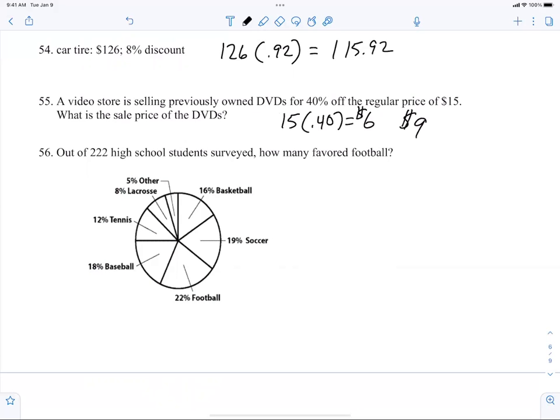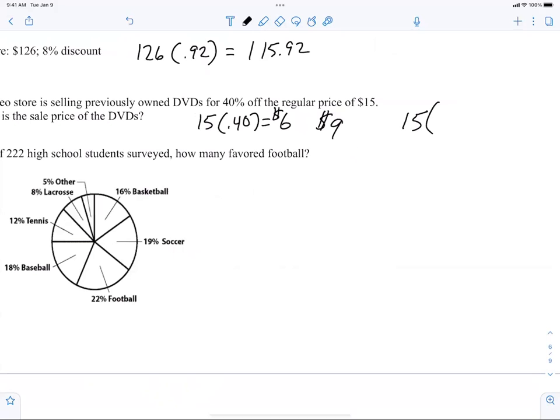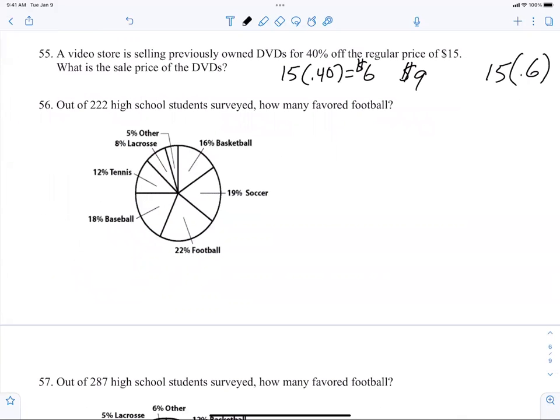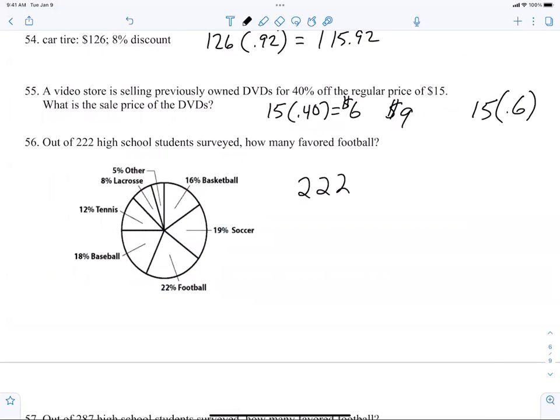All right, but somebody tell me how we can do it a shortcut. 15 times what, Max? 15 times 0.6. That is absolutely correct. Well, I'm sorry, I skipped a step.